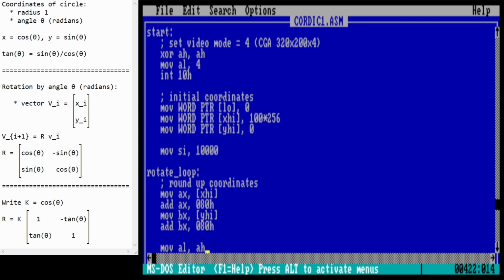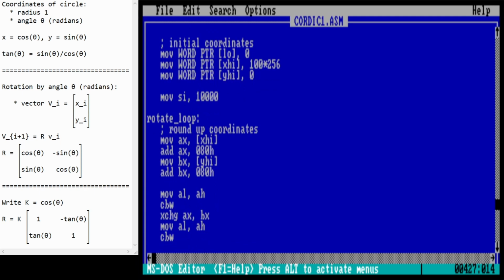And so the first thing I need to do is to sign extend them. At the moment, the integer part is only in the top byte, so in the AH and BH registers. And I need to sign extend those out to 16-bit values, which is what the line drawing procedure expects. So obviously we're going to use CBW for that.